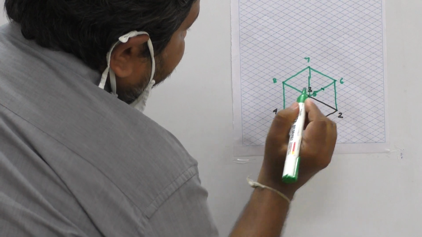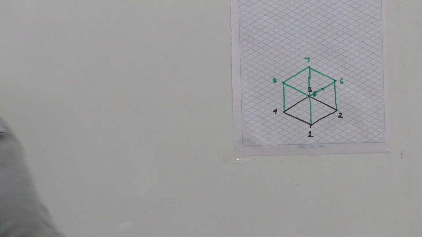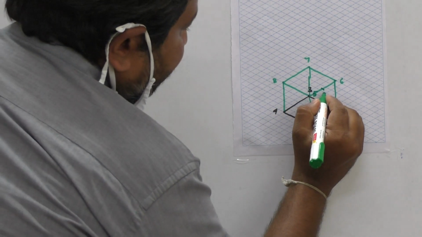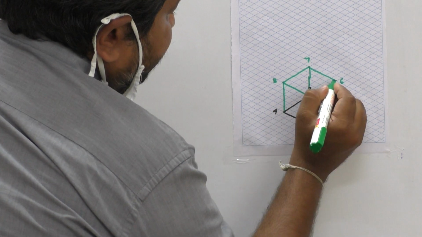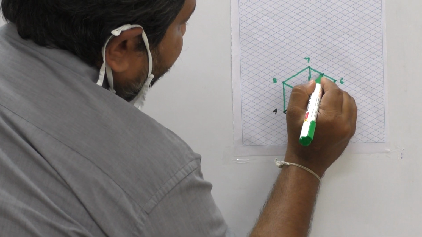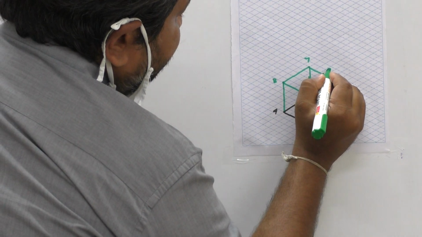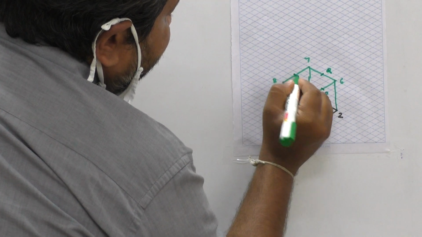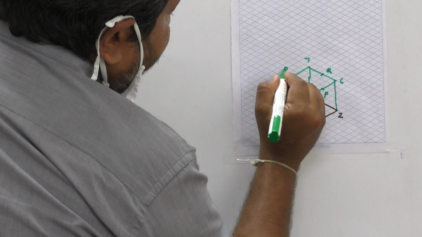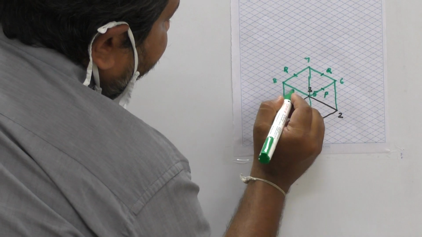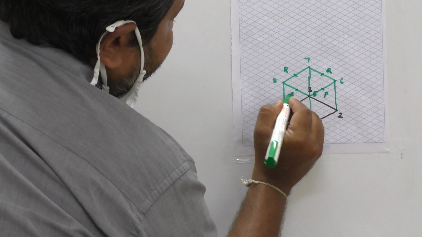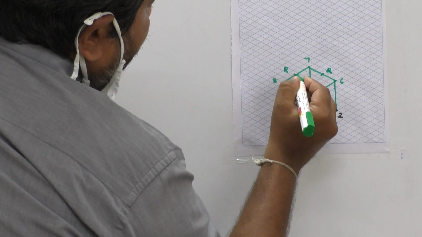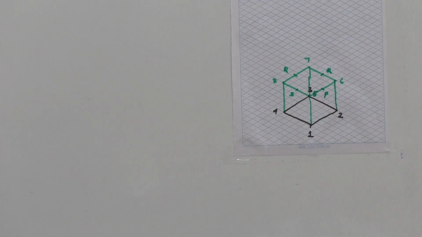So this is the center of the side 5 to 6, and I will call it P, and for 6 to 7, 2.5 units, I will call it Q. Similarly, the center of this side I will call R, and the center of this side S. P, Q, R, S are the centers of each side. Clear?